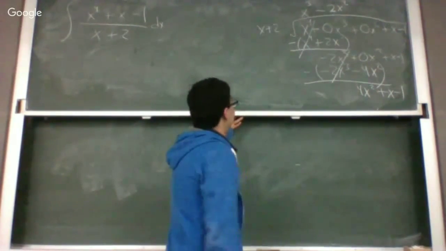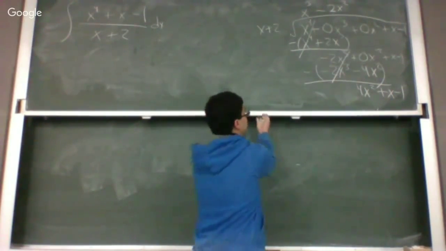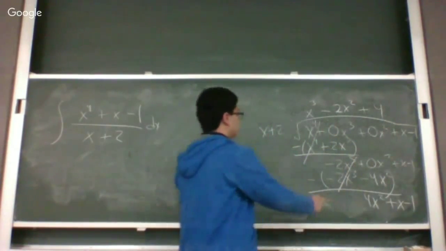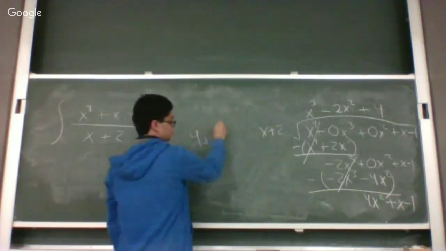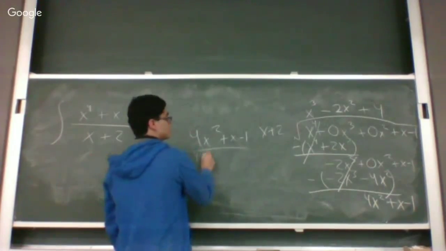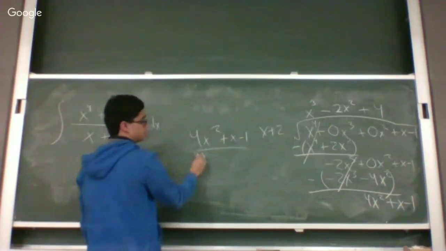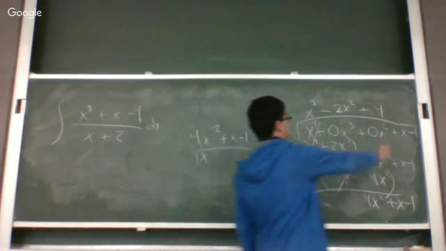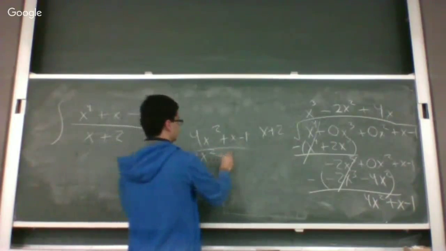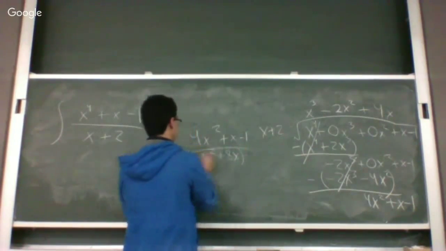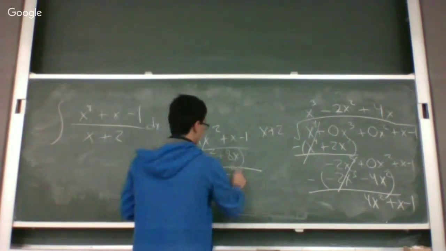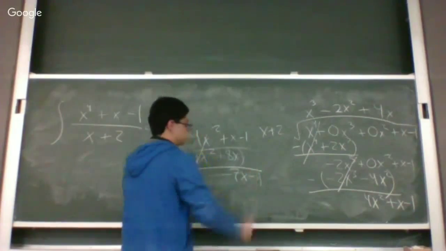So what do we multiply by now? So then we have a 4x. 4x squared plus 8x. We subtract that quantity. We are left with x minus 8x. So we have minus 7x minus 1.